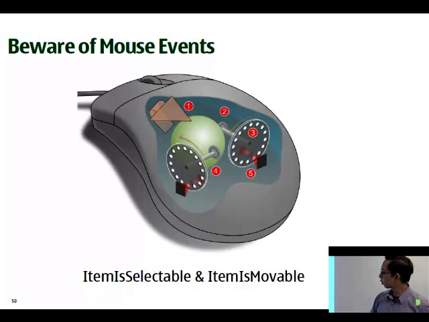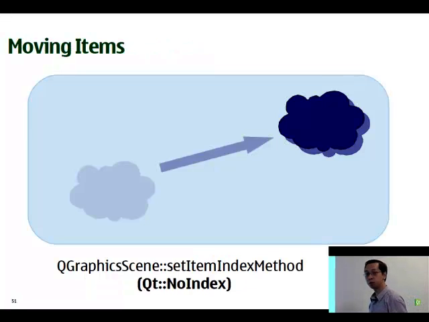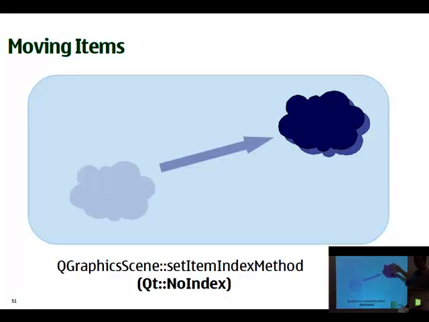And an important thing is that graphics view is designed for a large number of items, but static. So if you move items around, like some cloud here that you move there, in today's user interfaces, both on desktop and embedded, you see all these kinds of effects, items flying around in all directions. Every time you move the items, graphics view needs to adjust its index again.